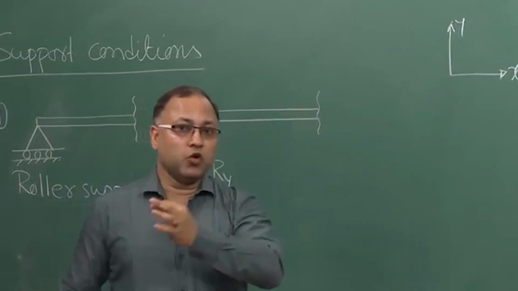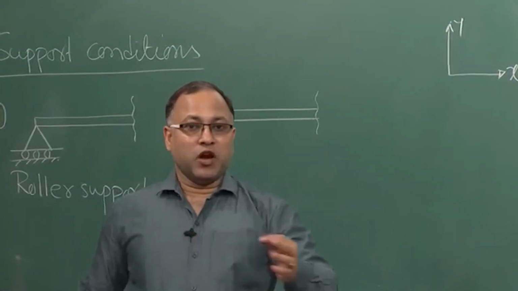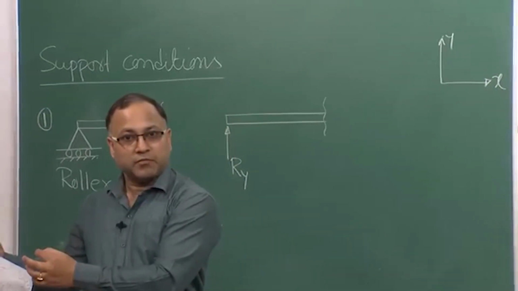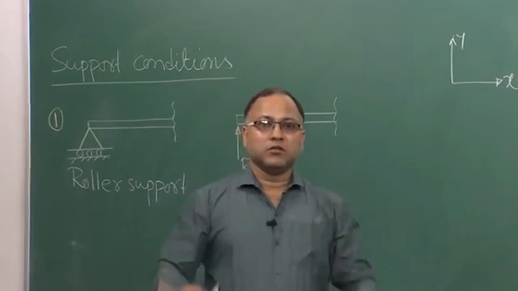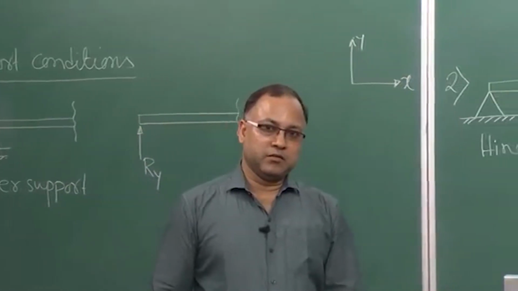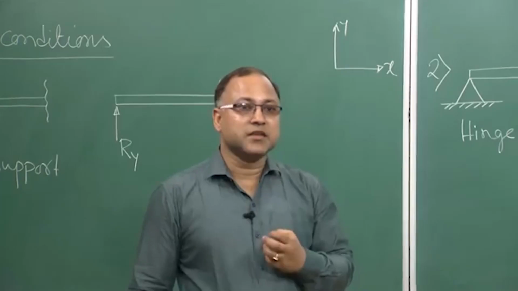So, the door can rotate, but it will not come out of the frame or go down from the frame. This is a typical example of hinge support.